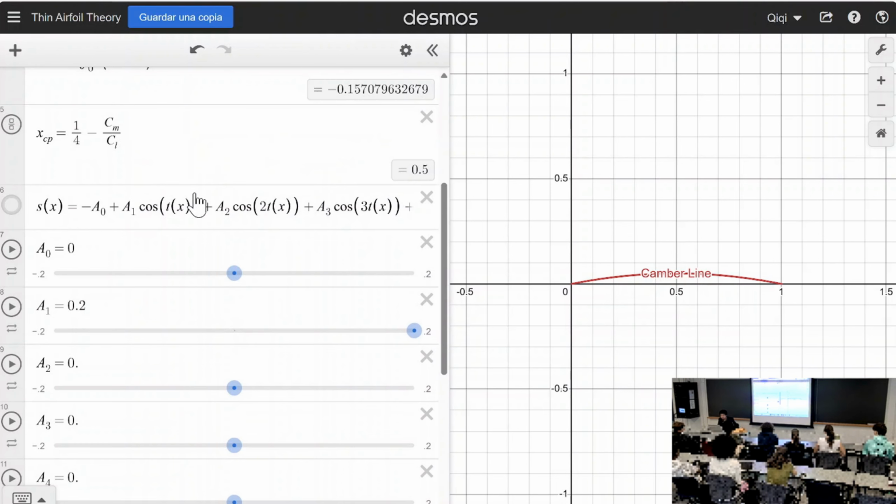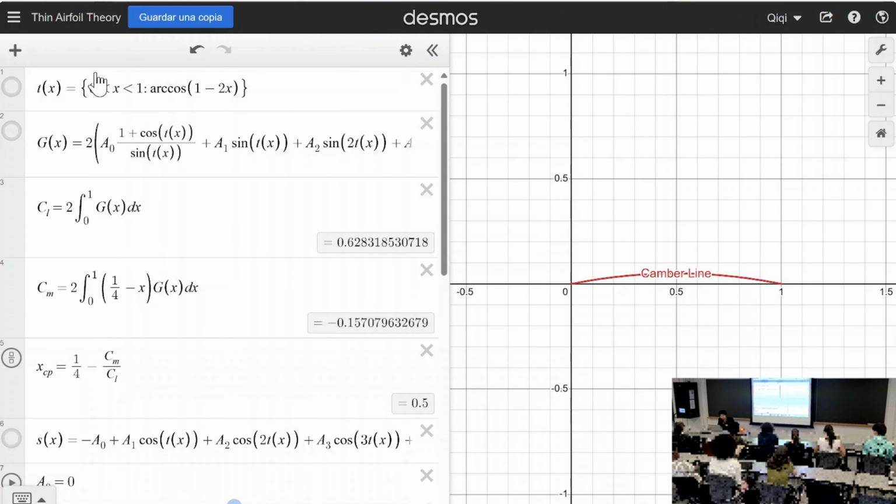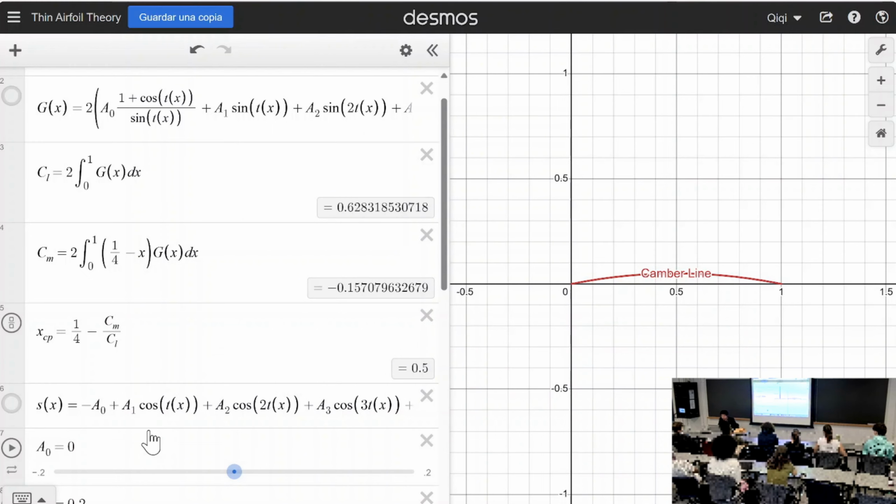So the slope of the camber line is an arc cosine function, and you're taking a cosine function on the arc cosine, but there is a 2x here. If you use the trigonometric identities, you're going to see that the A1 term is multiplied by a parabola. So the slope for this is a linear function.